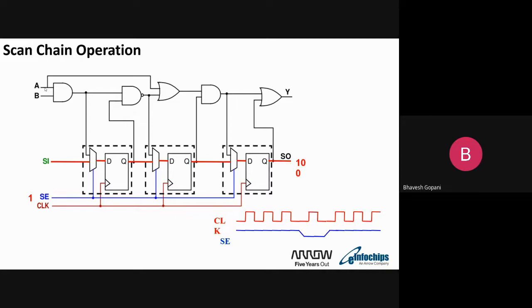So in stuck-at we don't need any at-speed pulses. The capture can happen at any clock frequency, so no at-speed pulse is required.